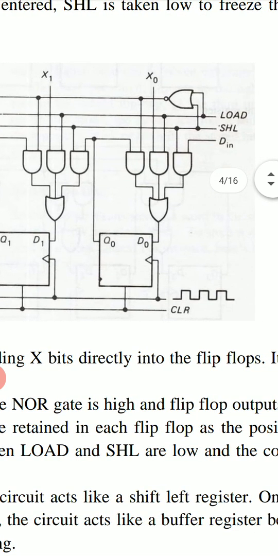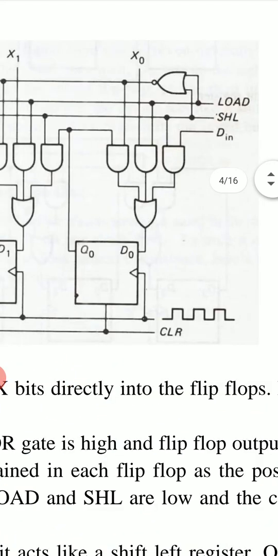It is when this load is 1. When load is low, and there is this control signal SHL also. If SHL is high, then it will make the shift left action. So when SHL is 1, we keep load 0. And when we keep load 1, then we keep SHL as 0.